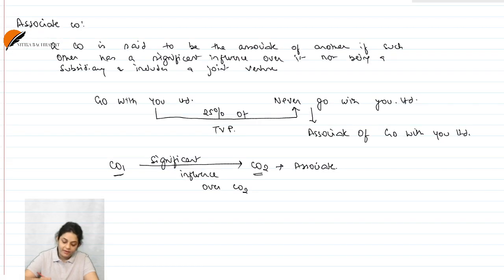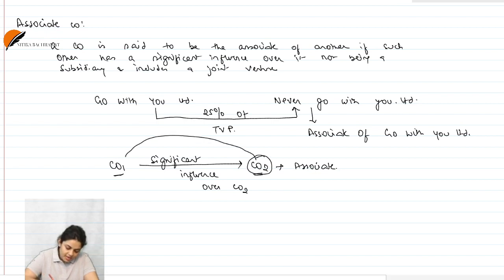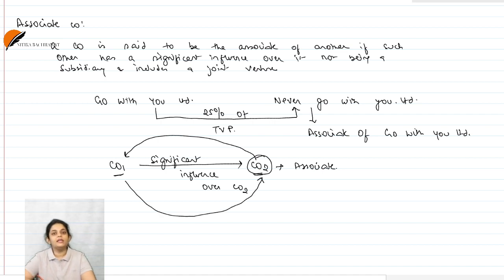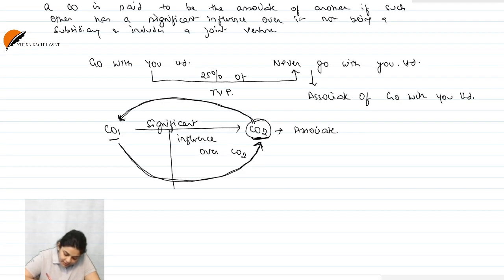If you look at the definition, a company is said to be the associate of another if such other has a significant influence over it. What is significant influence?